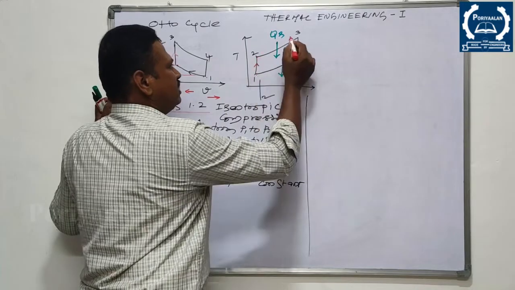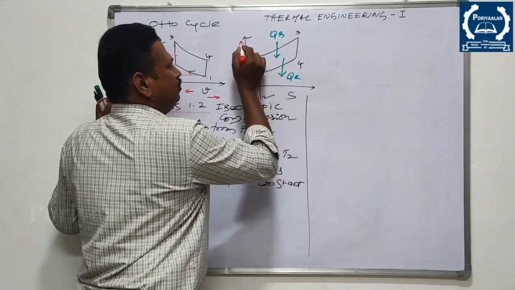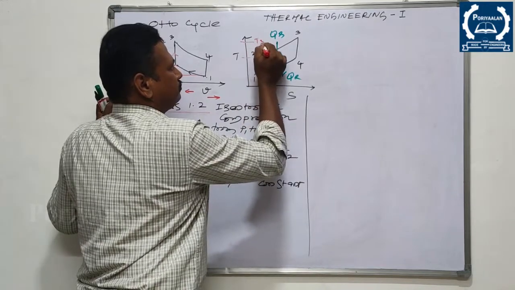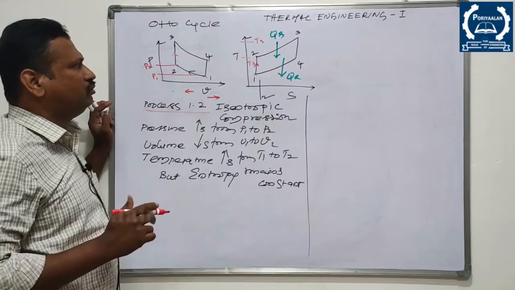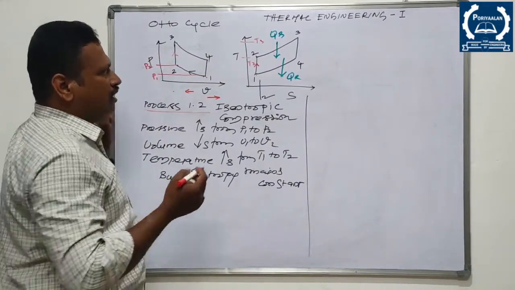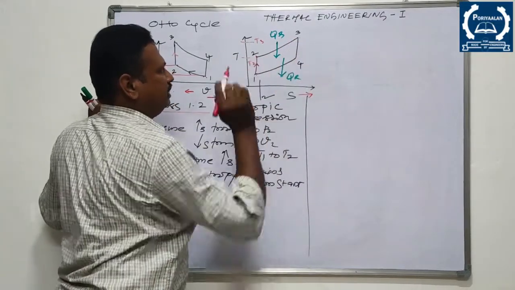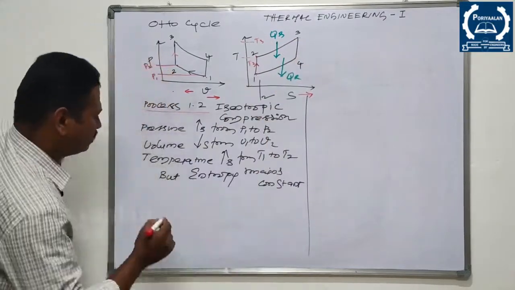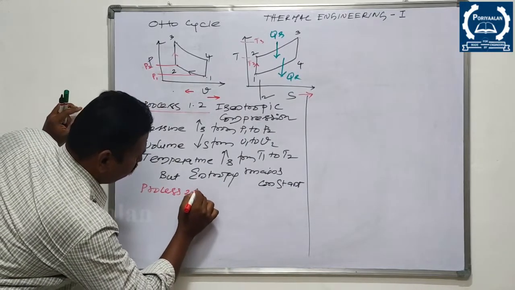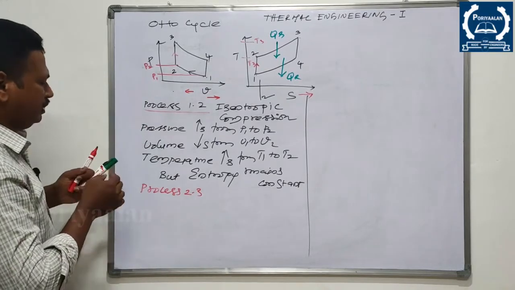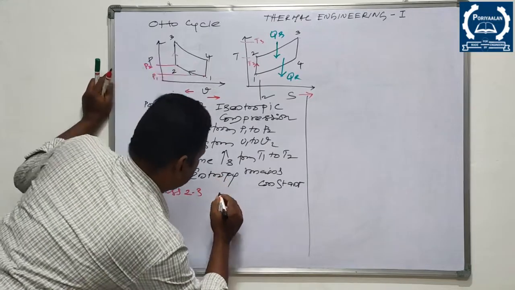With reference to this diagram, temperature increases. You can see this is T2, this is T3. So temperature increases from T2 to T3, right? At the same time, entropy also increases from S2 to S3, right? So the name of the process is process 2 to 3, a constant volume heat addition process.